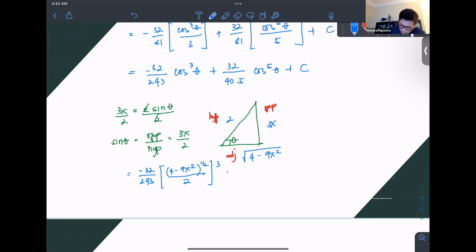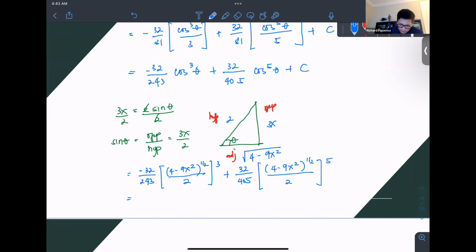Sorry, the 2 should be in the denominator, and the square root should be only at the numerator. And the other one is plus 32 over 405, then multiply it with the square root of 4 minus 9x squared all over 2, then raise it to 5.